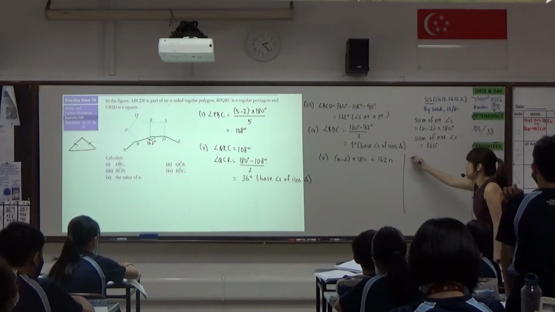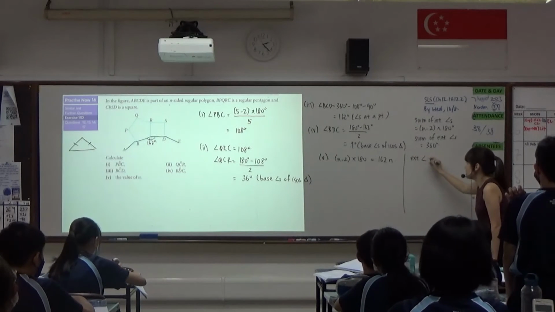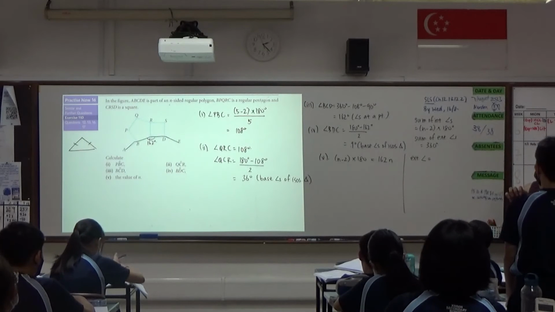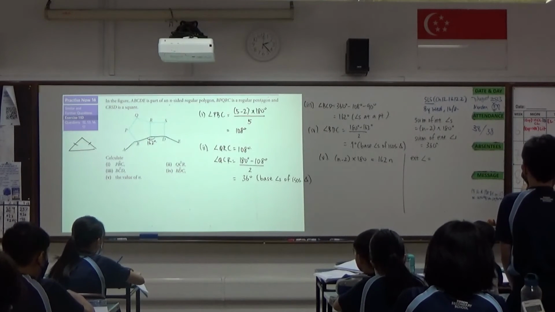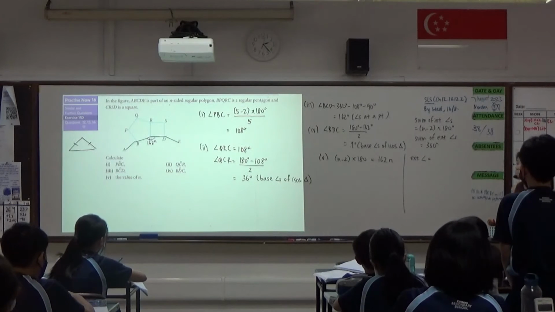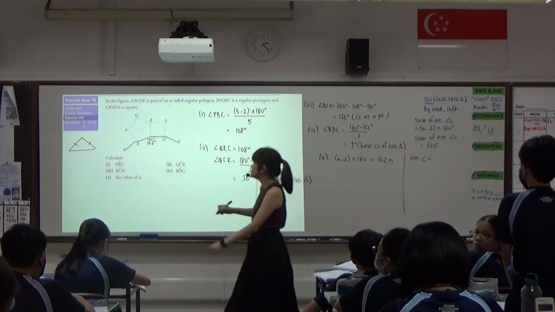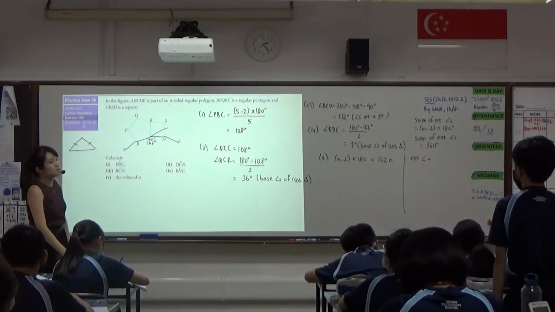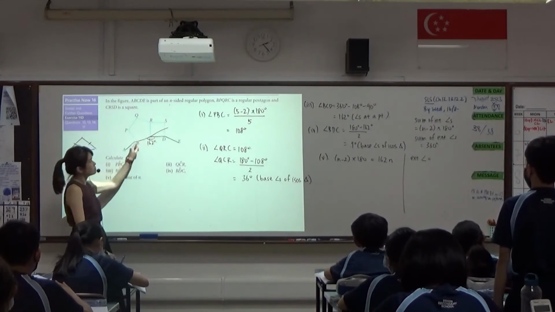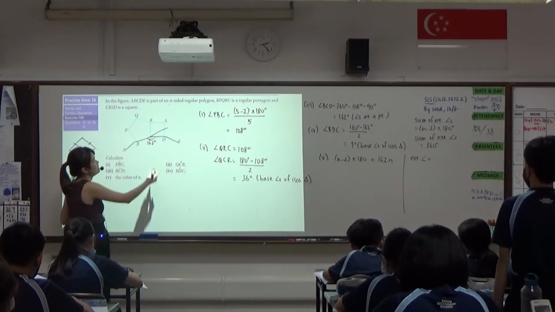Okay? Maybe before I let you go, how can we find exterior angles? If I know the interior angle is 162, what is the exterior angle? Exterior angle is being extended. You got the interior angle over here.